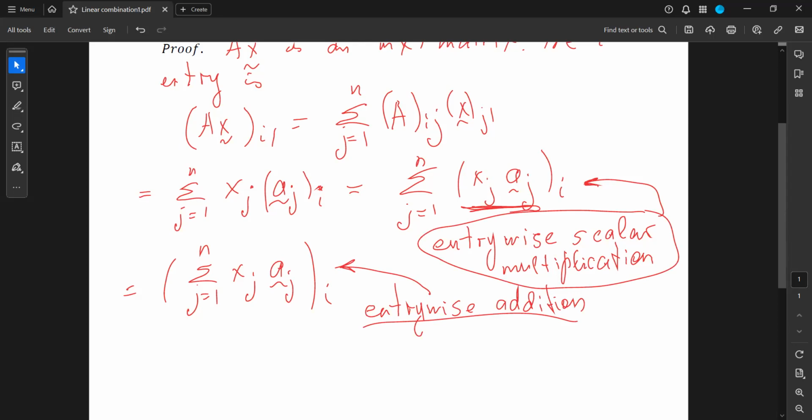That is why the steps make sense. First, how we multiply vectors by numbers, and second, how we sum them together, more generally vectors together. So now, what have I got?